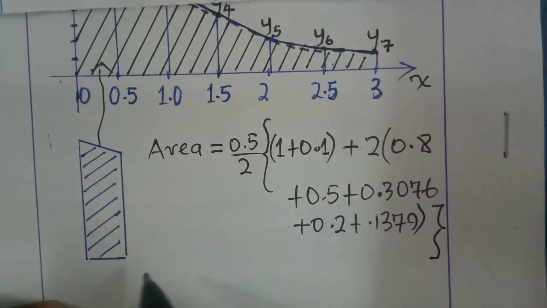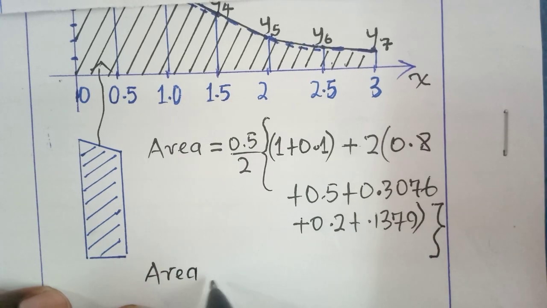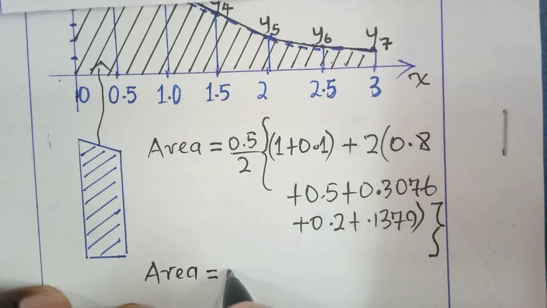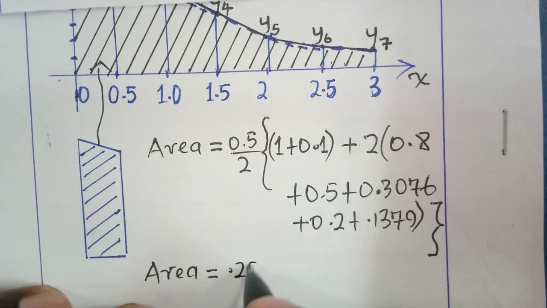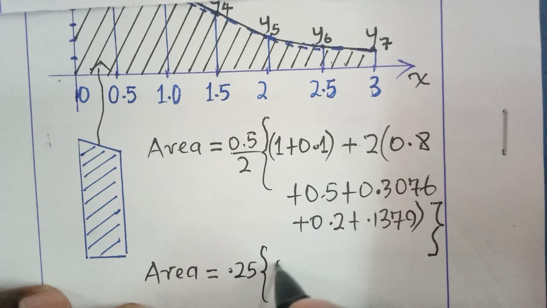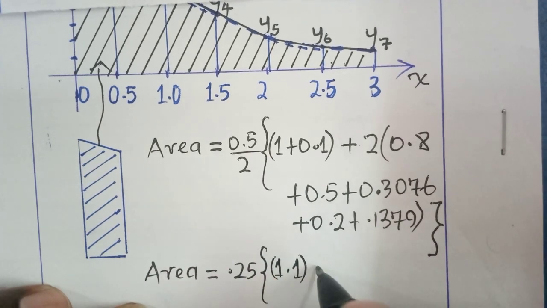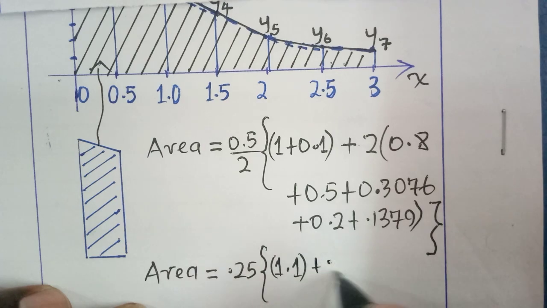When we add that, we are going to get the area below the curve. Here we get 0.25, and then 1.1 plus 2.